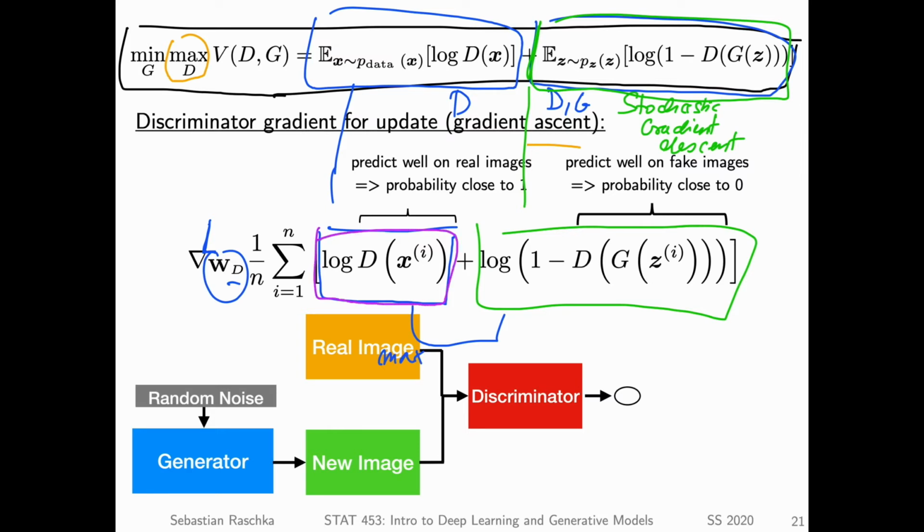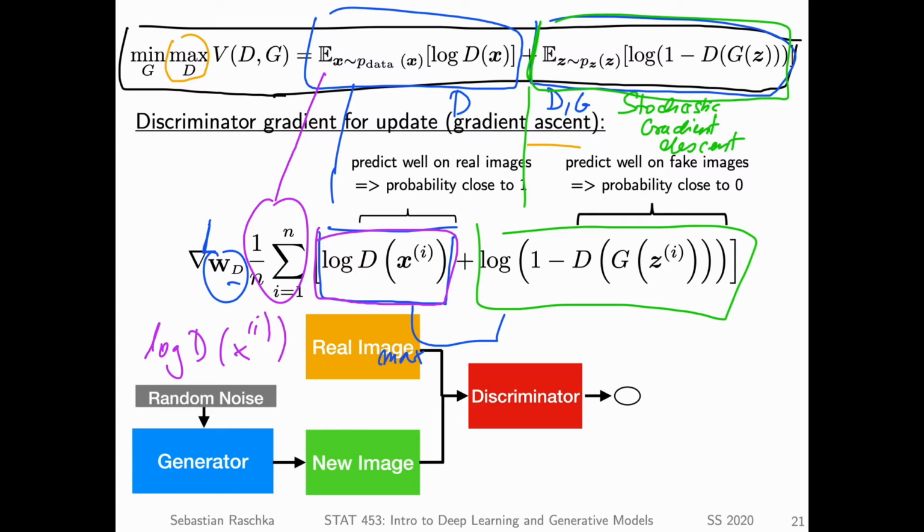What we have here is log D of x_i, where i is the ith training example. I should also say we have the sum here replacing the expectation, because it's the discrete case where we have the training set. So we're only talking about the training examples here.